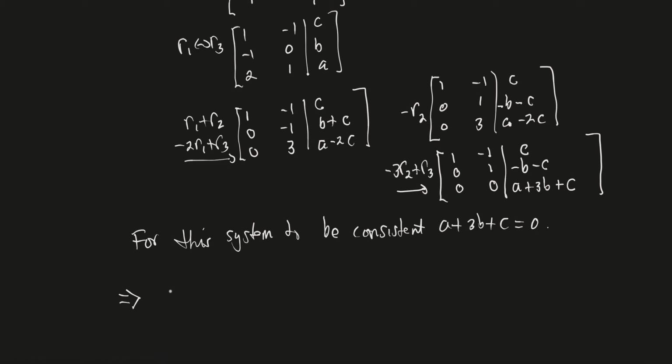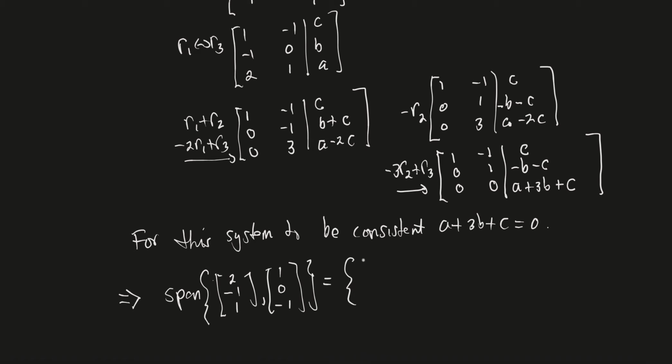This implies that the span of these two vectors, (2, -1, 1) and (1, 0, -1), is equal to the set of all vectors (a, b, c) in R3 with the condition that the first component plus 3 times the second component plus the third component must be equal to 0.